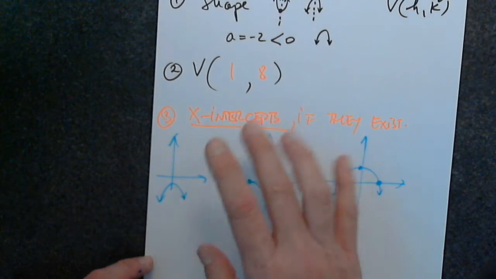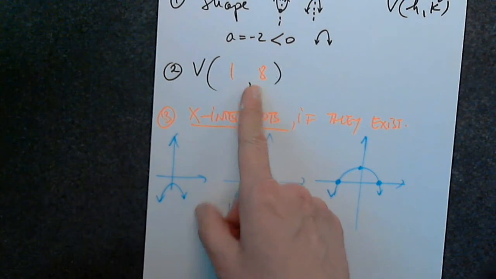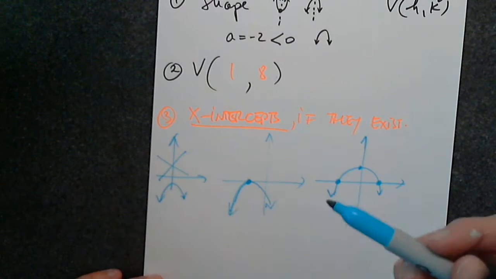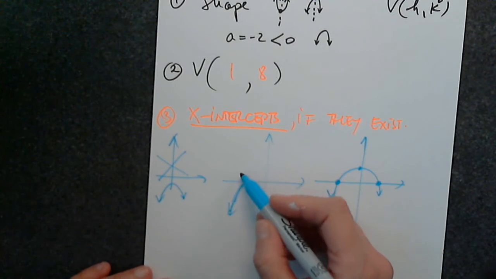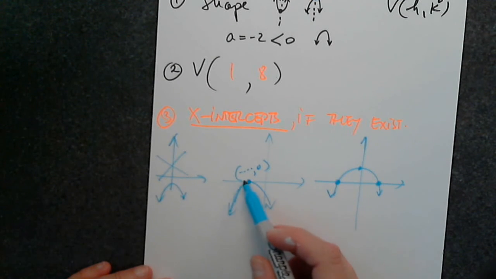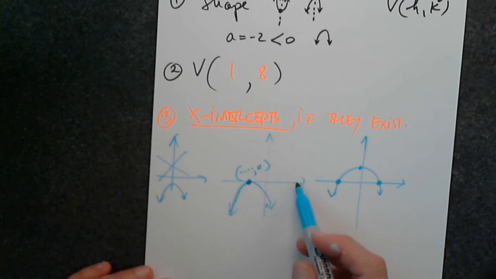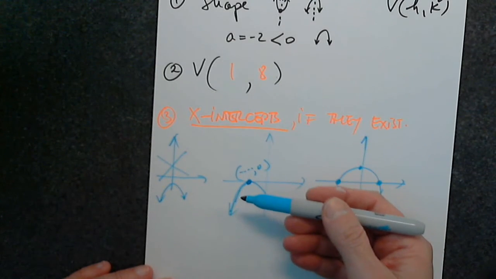So this cannot be the case because we have 1, 8. So that's not. Here, the vertex will be whatever, 0, because the vertex is on the x-axis. So the maximum value of this function is 0.